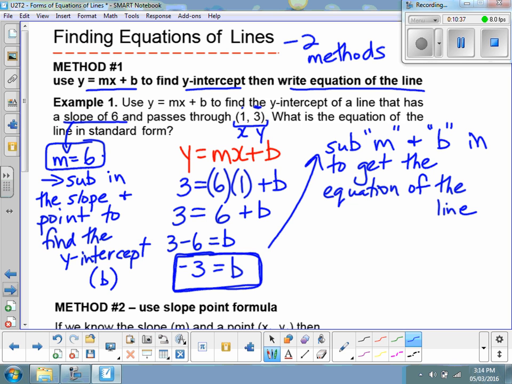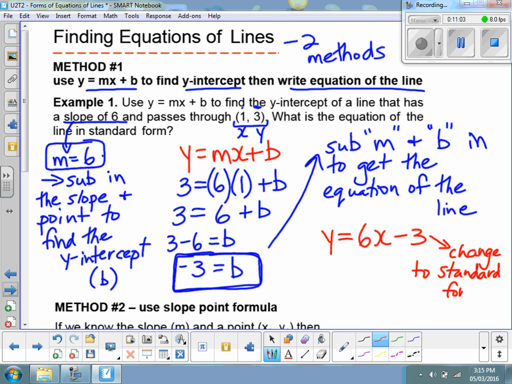So in y equals mx plus b, it's going to be y equals m is 6, x, and then b is -3. Now I need to change that to standard form.